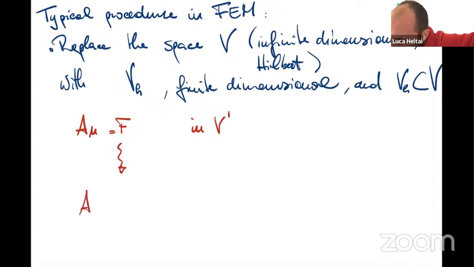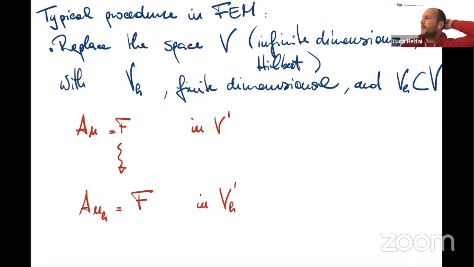So I write this as A UH equal F. Instead of V prime, I write here V prime H. Okay. And now I will be trying to write explicitly what it means to do this passage.